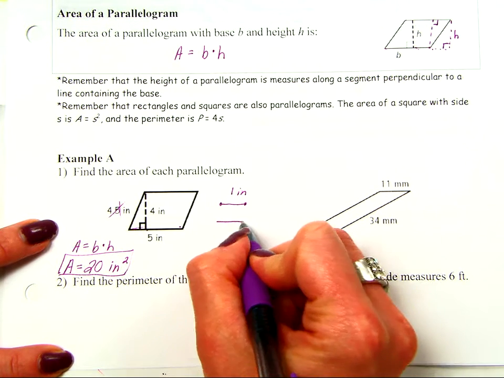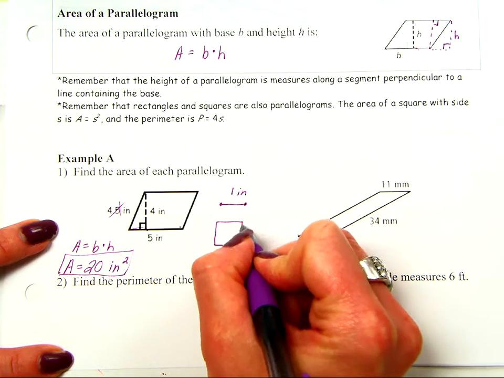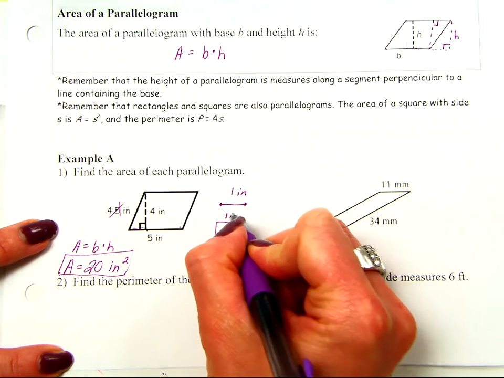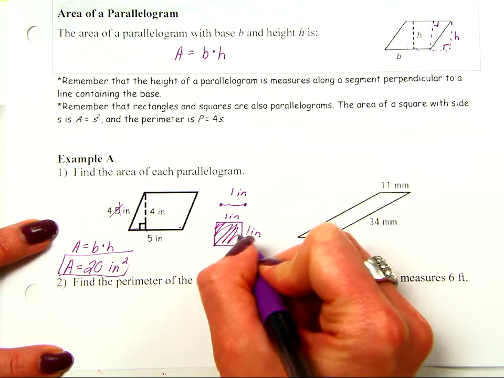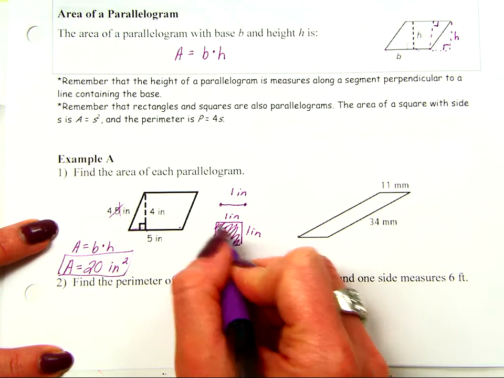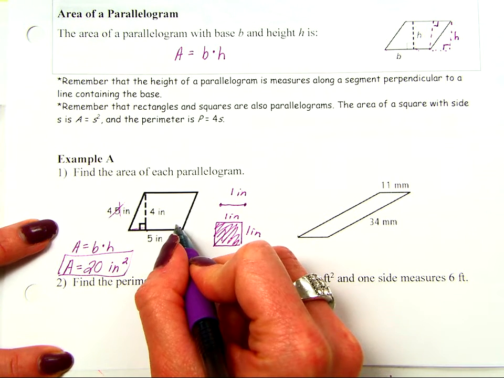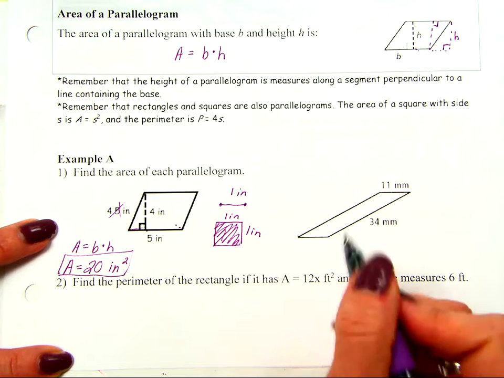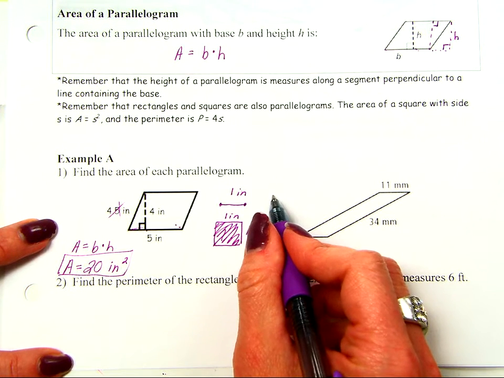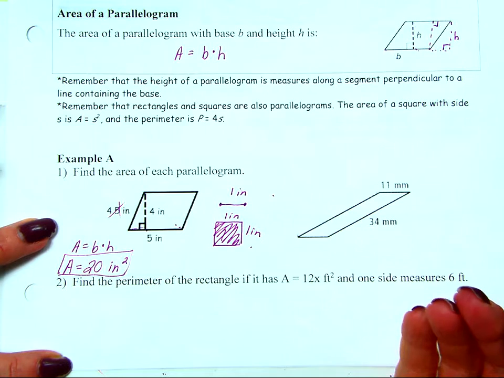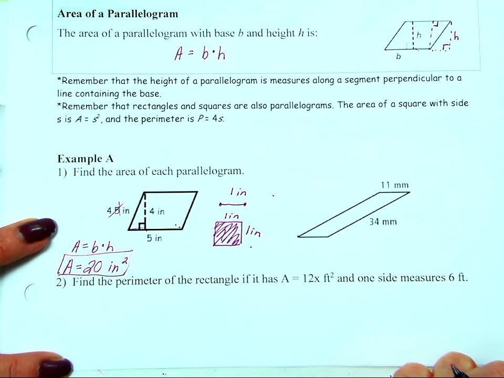But a square inch would be something like this, where I have 1 inch by 1 inch square. So I'm thinking about how many of these it would take to fill up my figure. So that's why our label is important. 1 square inch is very different than 1 linear inch. And I'm going to be particular about your labels this chapter.